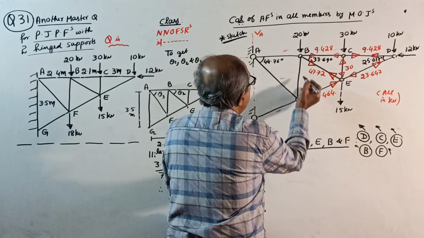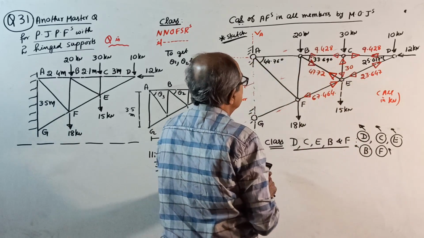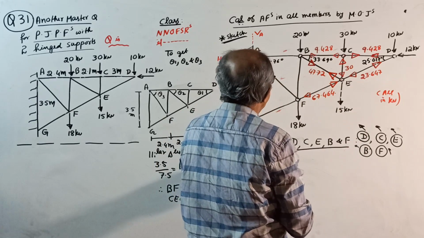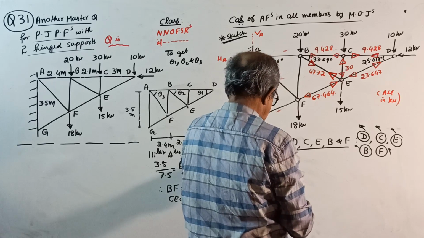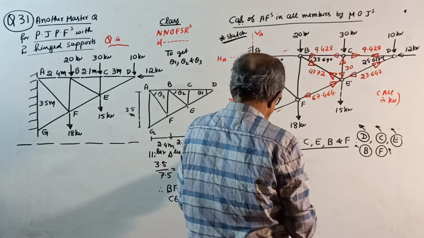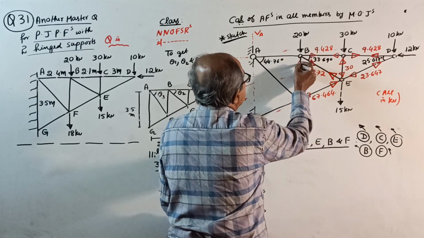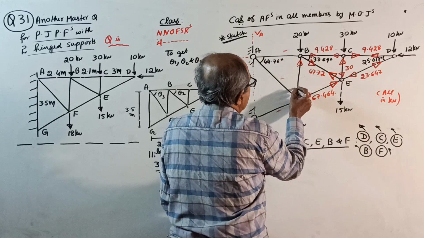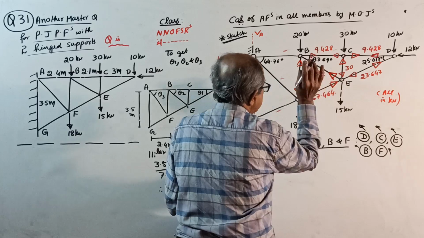Then come to joint B. Get the forces in these two members. Into sine. 46.470, 47 is sufficient.